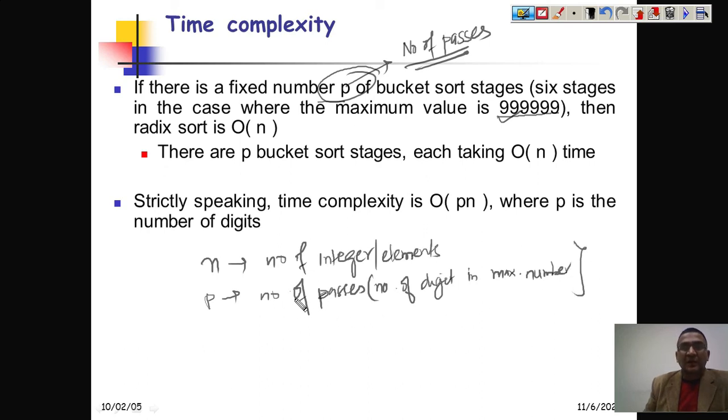Now, what is actually required? You have to read all these numbers p number of times. So actually your effort is n into p.